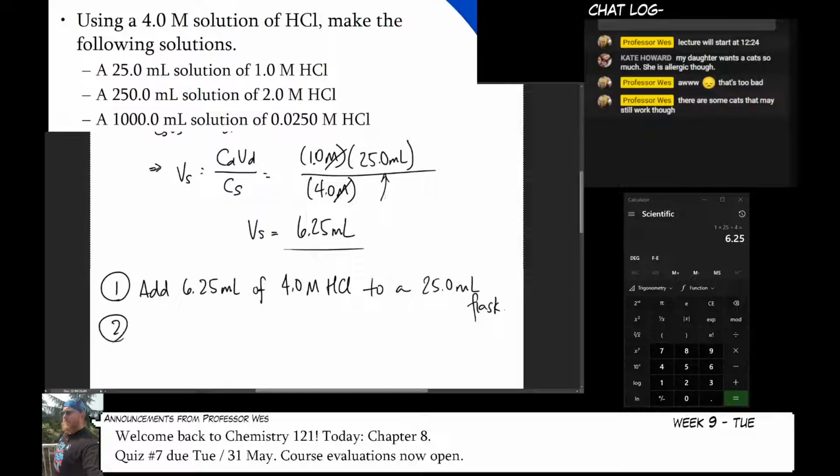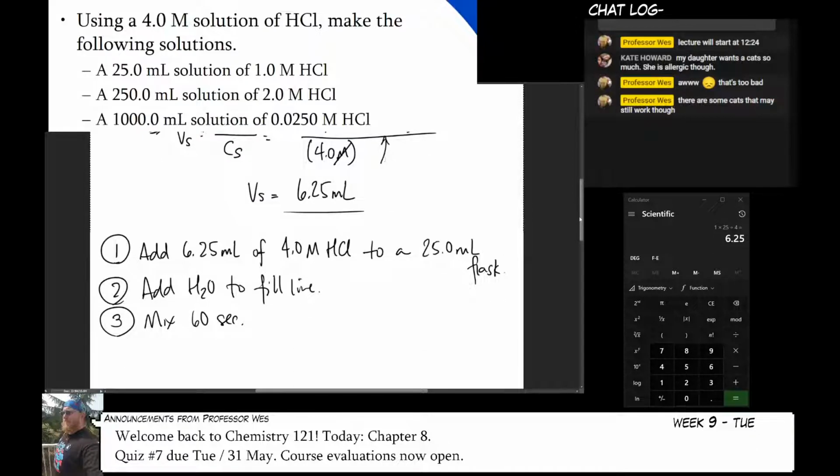And then steps 2 and 3 are going to be the same each time. So add H2O to the fill line, and then mix for 1 minute. And enjoy. All right, so that was the first problem.